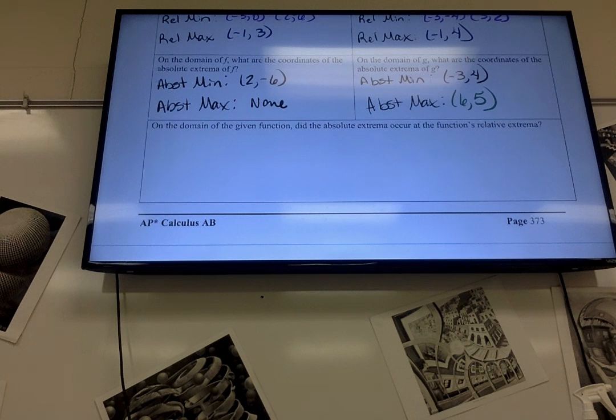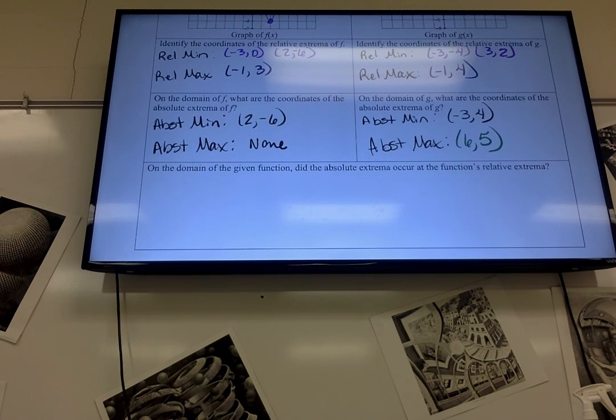Okay, so then it says, on the domain of the given function, did the absolute extrema occur at the function's relative extrema? So, did the absolute mins and maxes occur, if they occurred, at a relative min or max? Here it did.